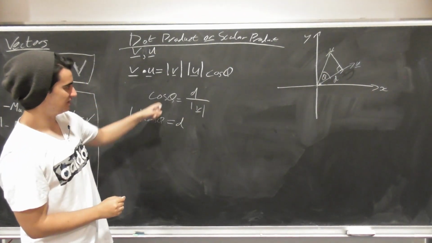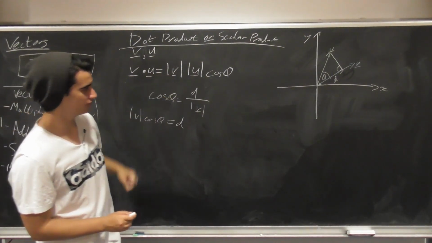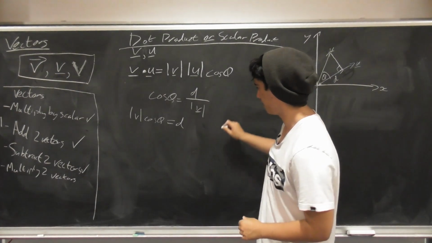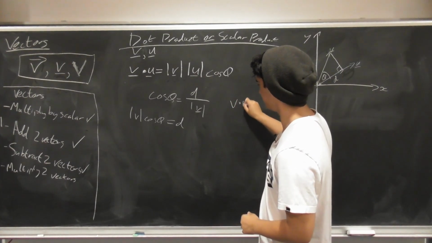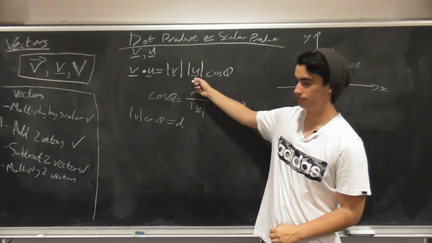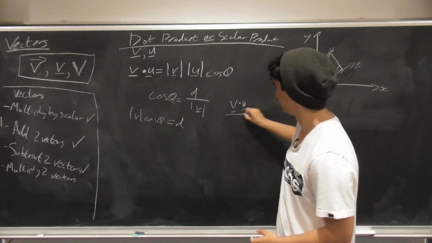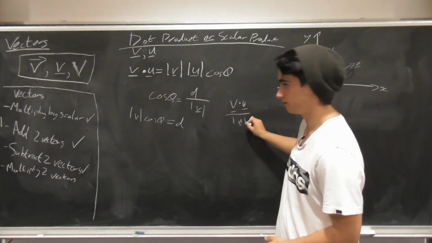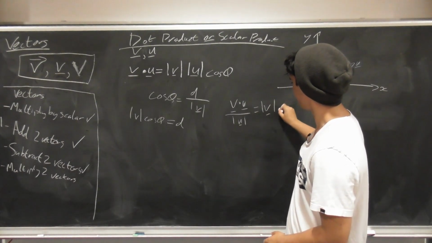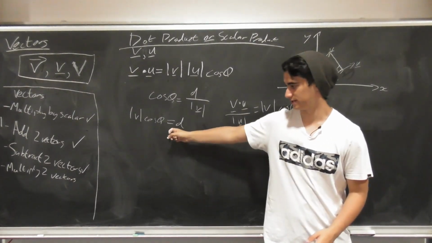Now, these two look kind of similar, right? So similar, in fact, that if we take our dot product, v dot u, and divide both sides by the magnitude of u, which is a scalar, so as long as it's not 0 we can divide it, no problem, we get the magnitude of v times the cosine theta, which is, in fact, the same as d.